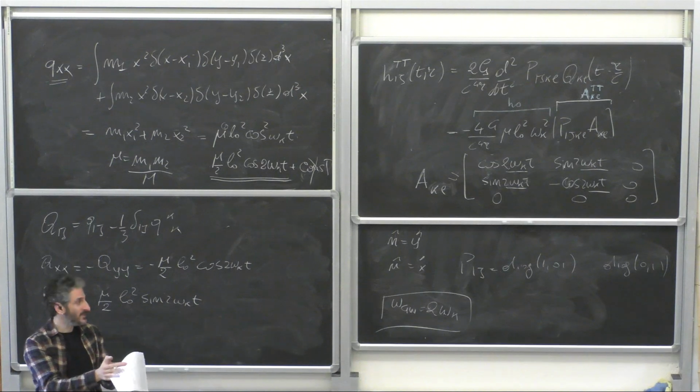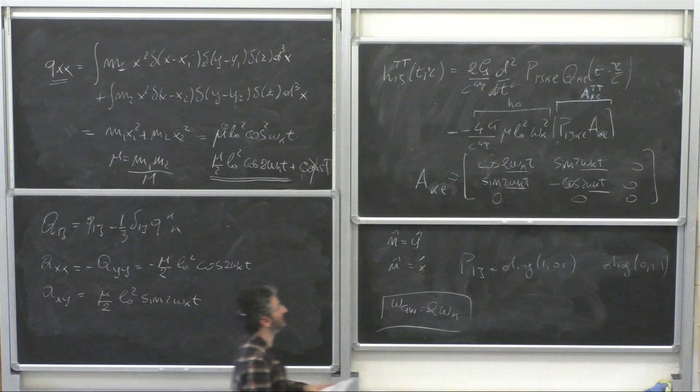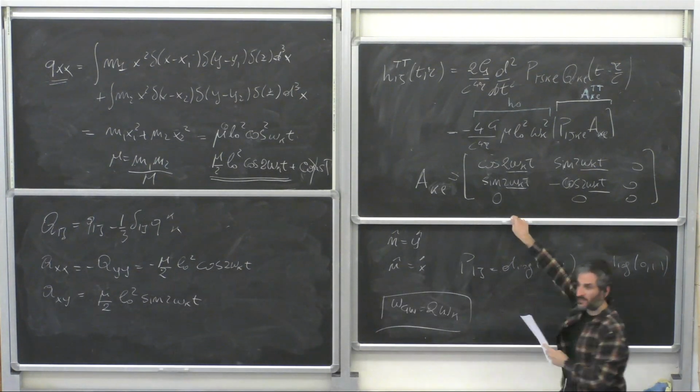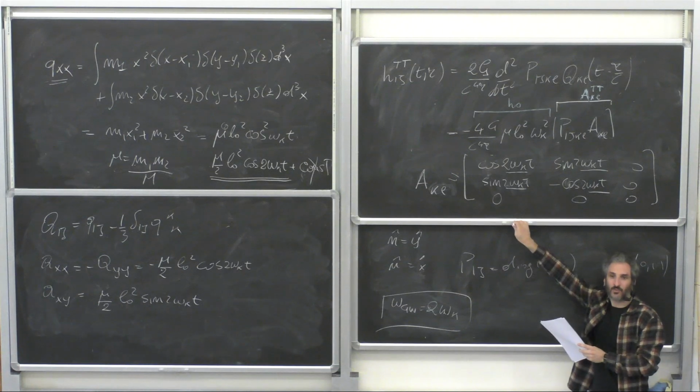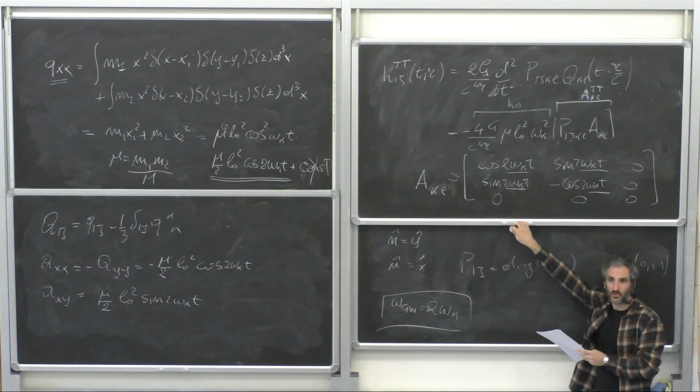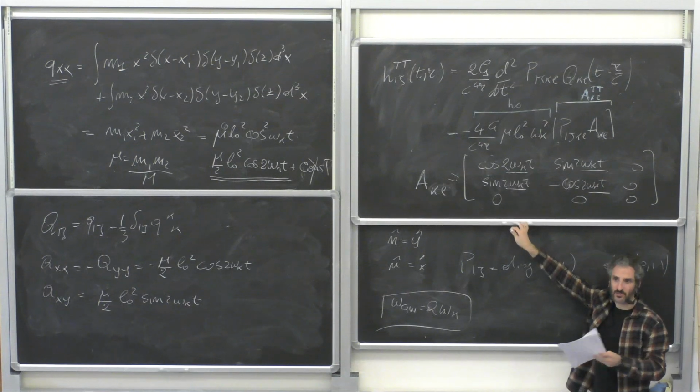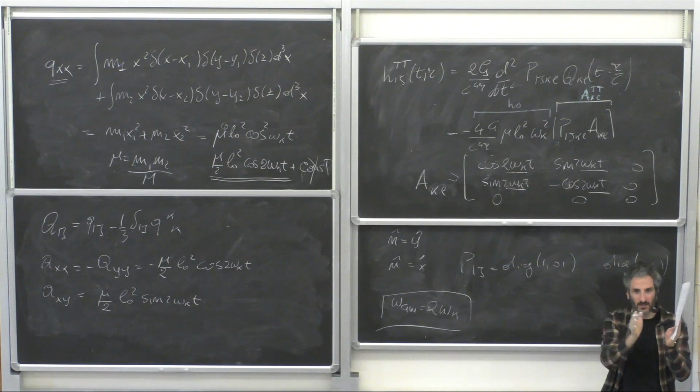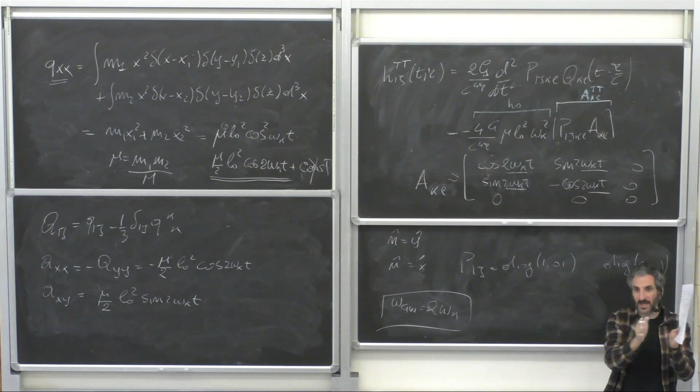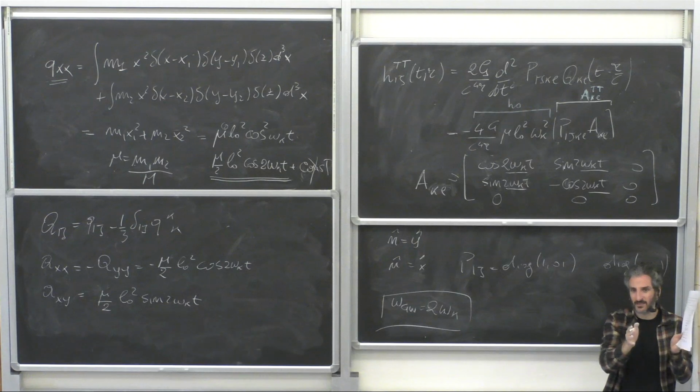But this makes a very important difference, which is that the orbital elements that we have assumed to be constant, so omega_K and L_0, are not constant anymore. Because if the binary is shrinking, the orbital distance between the two objects is decreasing, and the Keplerian frequency per se is increasing.